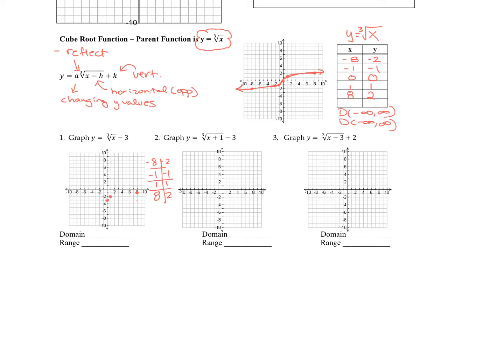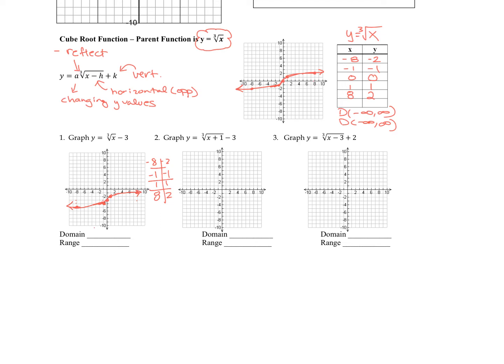So I'm going to go left 1, down 1, and I'm going to go left 8 and down 2 from my starting point. And now I'm going to connect them. And this would be my graph of the cubed root of x, -3.